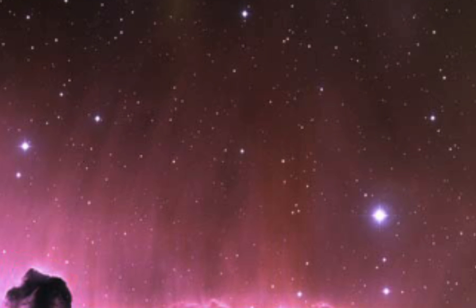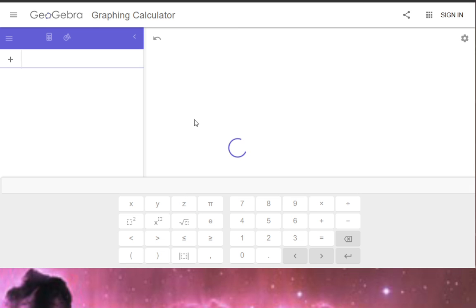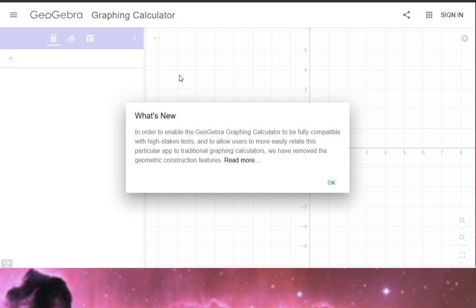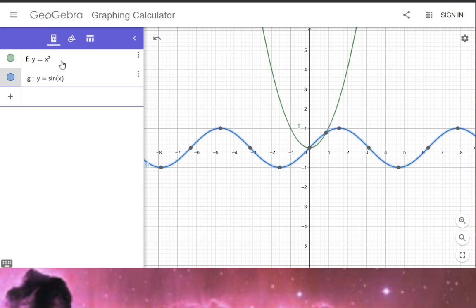That's chaos scope. Maybe we could look at this calculator. It's a graphing calculator. Let's try this one. Y equals x squared. There we go. That's what we're looking for. Alright, so now we can do y equals sine x.